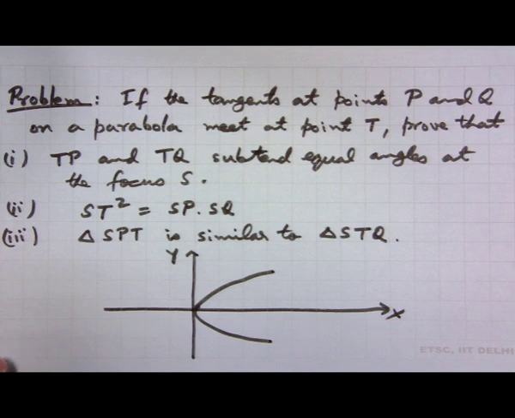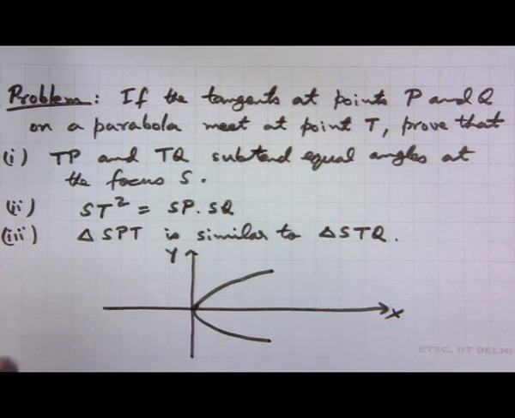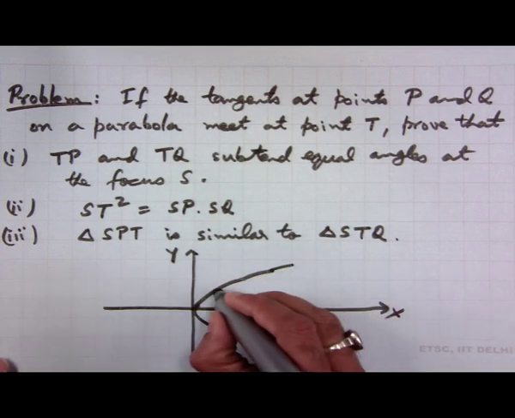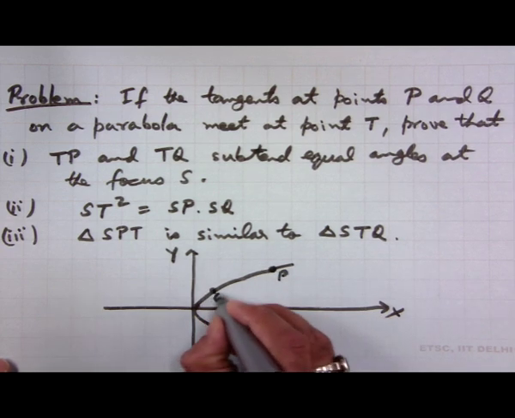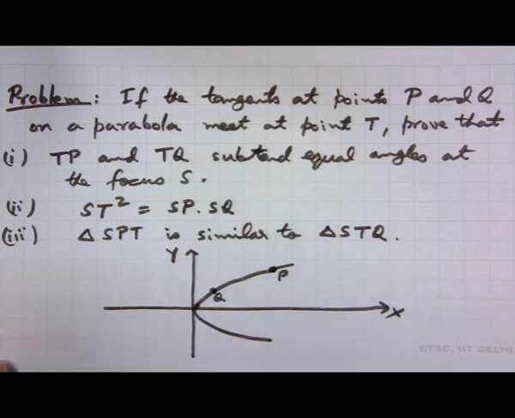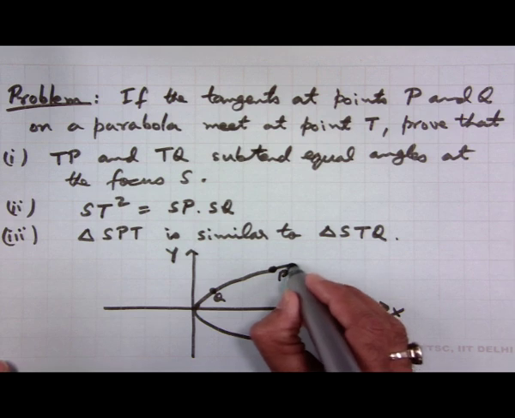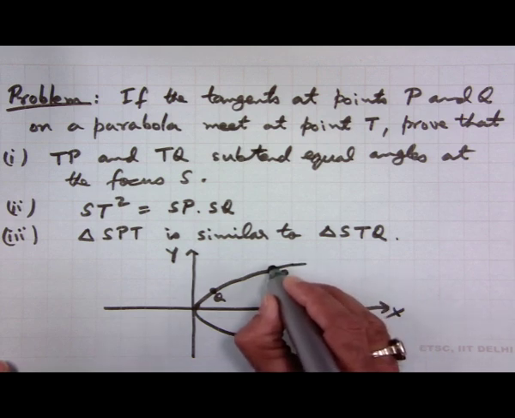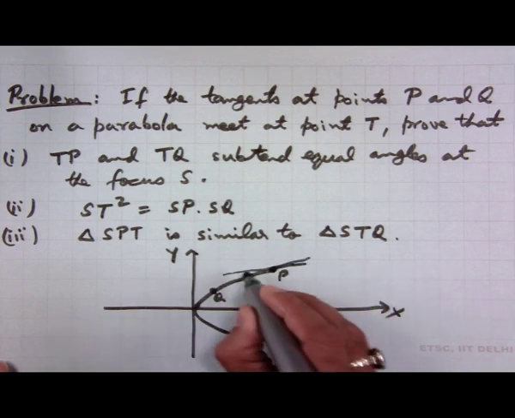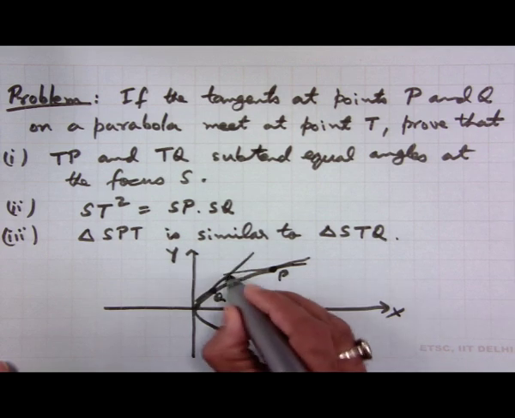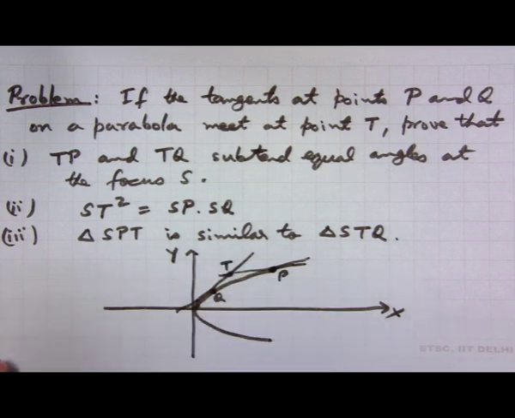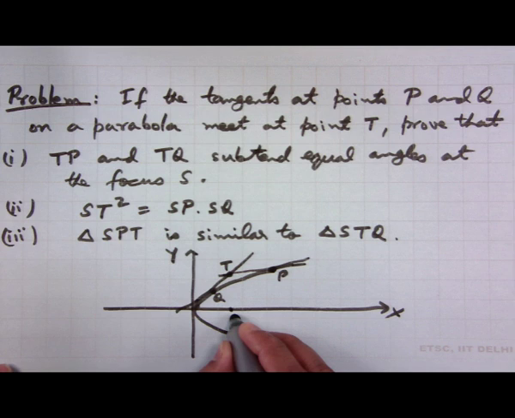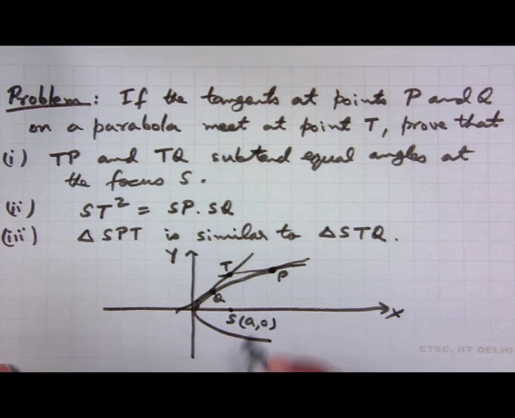We have this parabola. Suppose we take two points P and Q. Then look at the tangent at P and the tangent at Q. Suppose these tangents meet at a point T and we have focus S (a, 0).